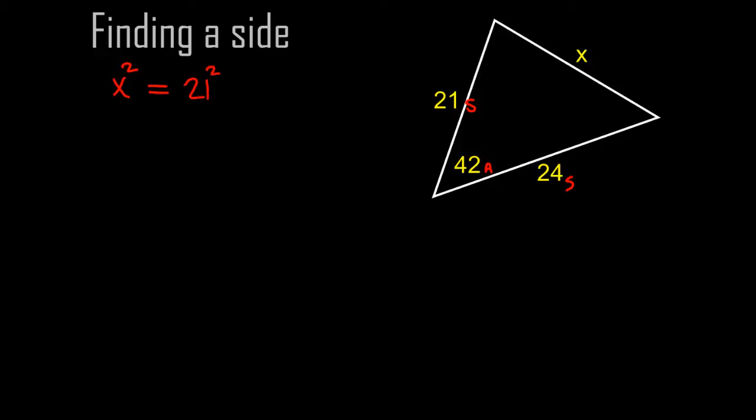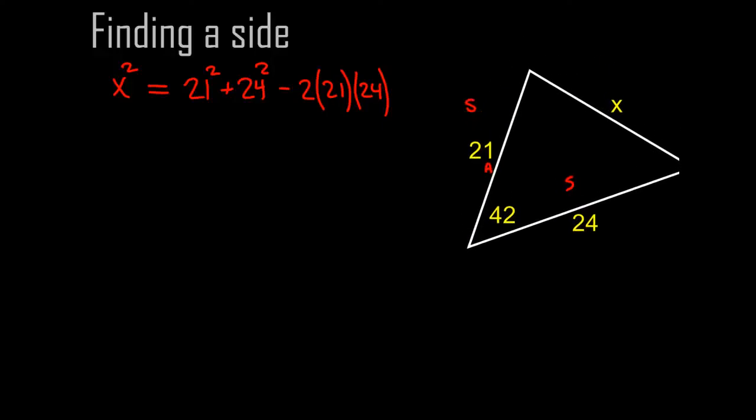So that would be 21 squared plus 24 squared minus 2 times those values times the cosine of whatever angle is opposite of x, in that case the only angle we're given, 42 degrees.